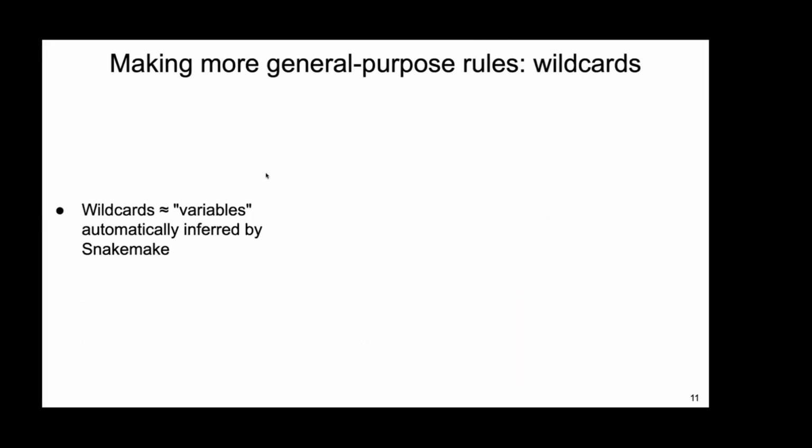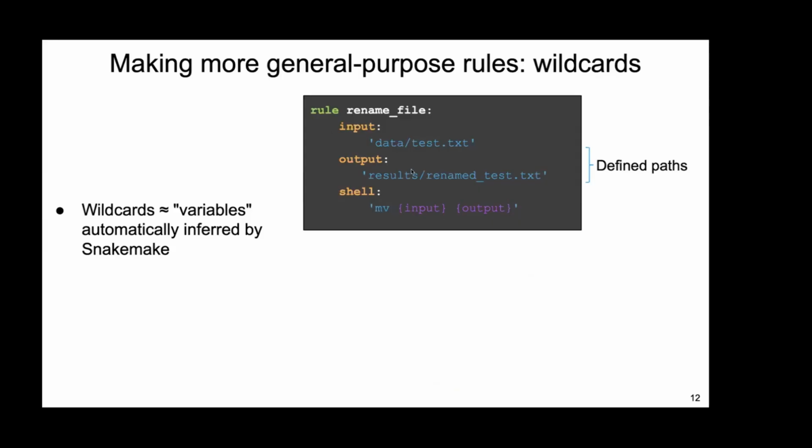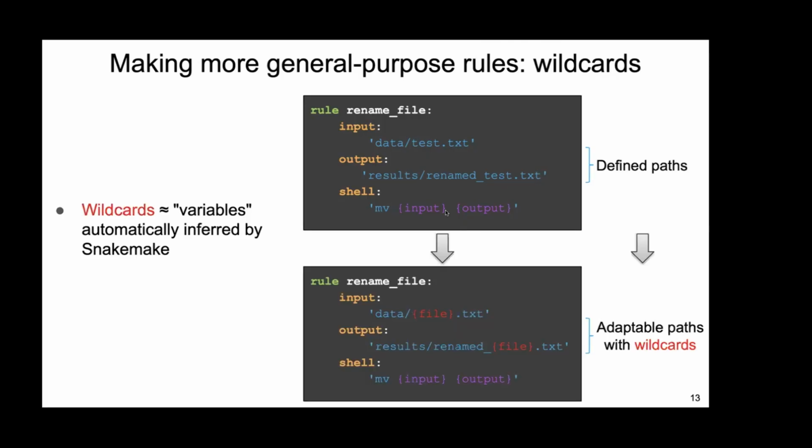Wildcards, you can think of them as variables that will be automatically inferred by Snakemake. So we look at this rule here, and we see that once again we have hard-coded paths, where we have data test.txt as the input and results renamed underscore test.txt. This is hard-coded. However, we can use wildcards in the way that is noted here, which is going to be in red in the examples.